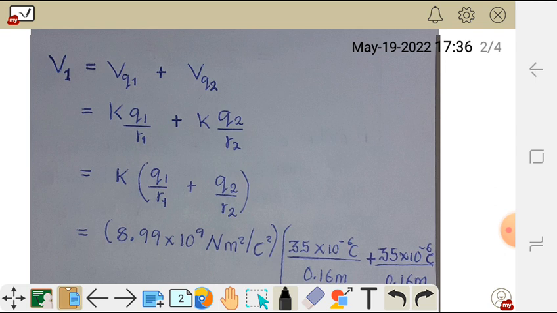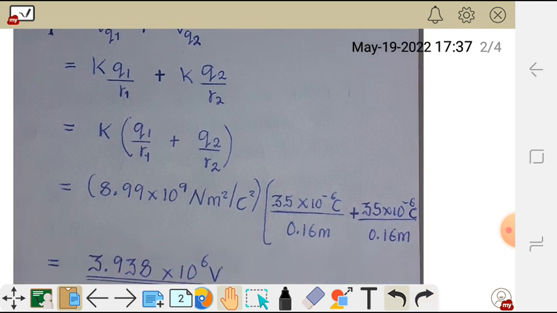Q1 is 35 by 10 to the power negative 6 coulombs, remembering micro is 10 to the power negative 6, over the distance 0.16 meters. Q2, since it is identical, is also 35 by 10 to the power negative 6 coulombs, over R2, which, since it is midway, is 0.16 meters.